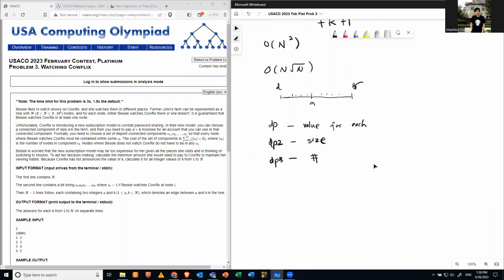Okay, so when k increases, let's do divide and conquer on k. So if I say I want to look at the k from some value left and right, if dp3, which is my number of disjoint components, is the same, then that means when I go from here to here, I don't change.